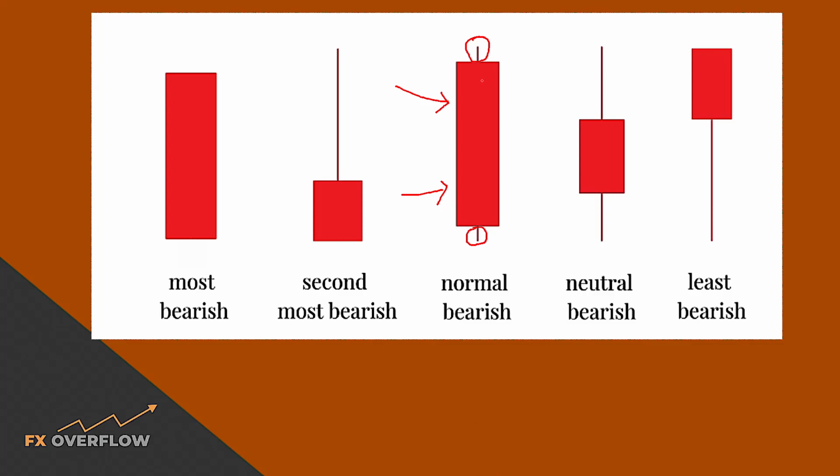Because, as I said, these wicks denote an auction process between buyers and sellers, or some compromise, or some confusion, you can say whatever. So that's why I have denoted it as a normal candle. It doesn't hold that importance, but definitely it has sellers in it, so it's an important part of our candle, but it's less intense.